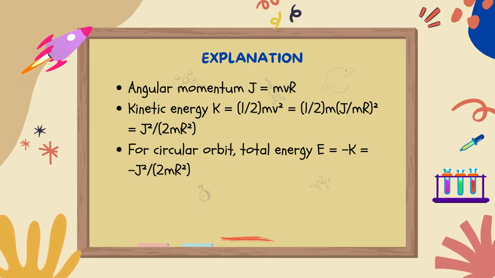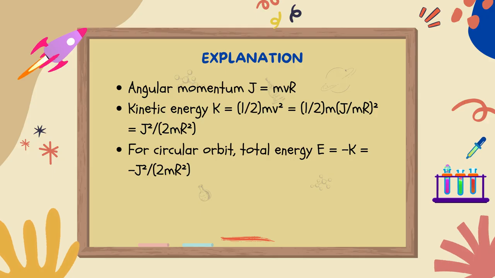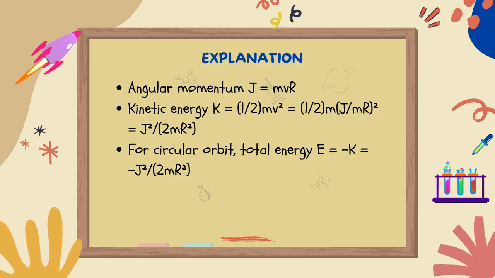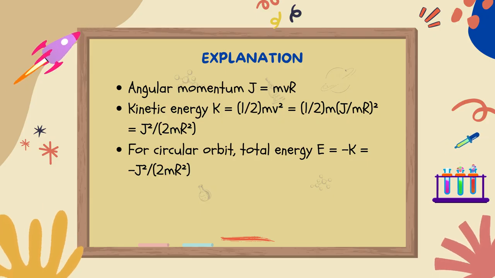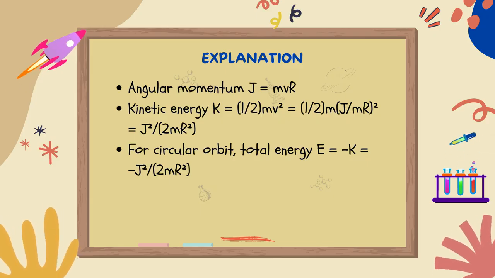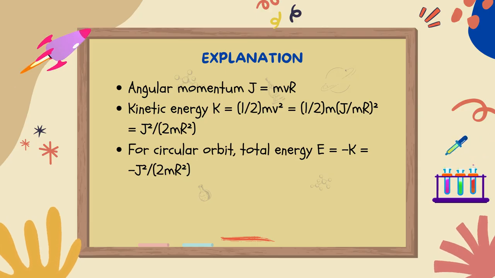For a circular orbit, total energy E equals negative K equals negative J squared divided by (2 times m times R squared).